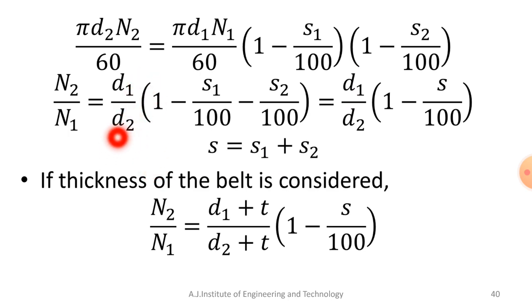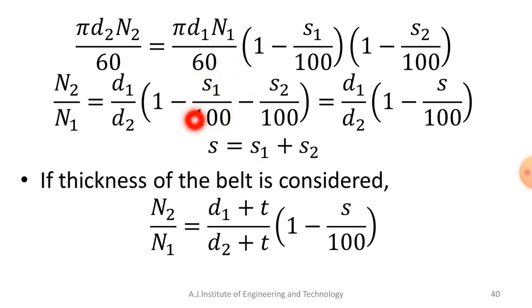If we write the left and right sides in terms of the velocity ratio, that is n2 divided by n1, you will get d1 divided by d2 into (1 minus S1 divided by 100) minus S2 divided by 100. The 100 is there because S1 is in terms of percentage.